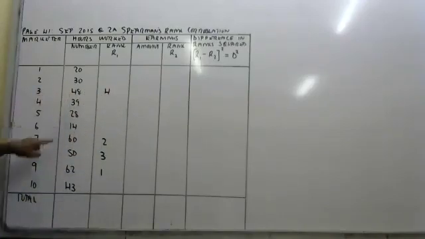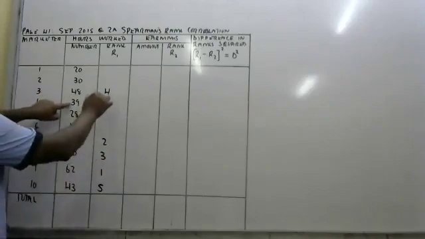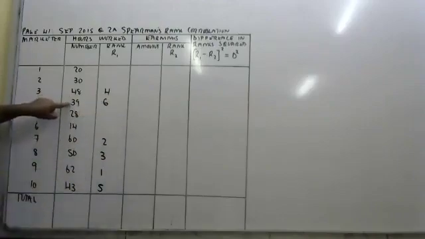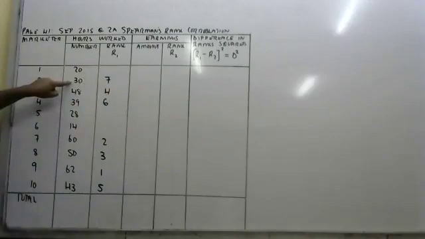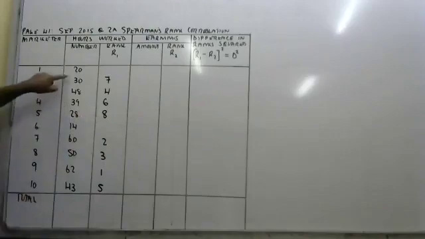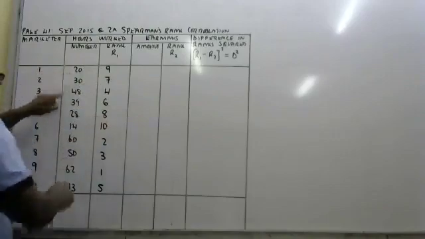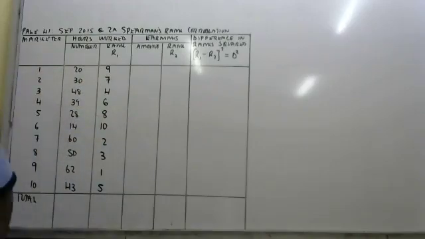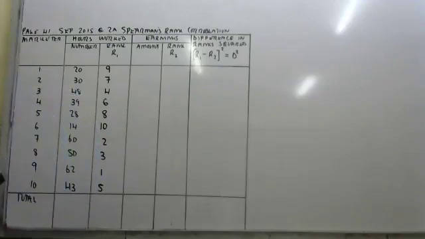Followed by 43, number 5. Followed by 39, number 6. Followed by 30, number 7. Followed by 28, number 8. Followed by 20, number 9. And this is number 10. That is how you rank those values.